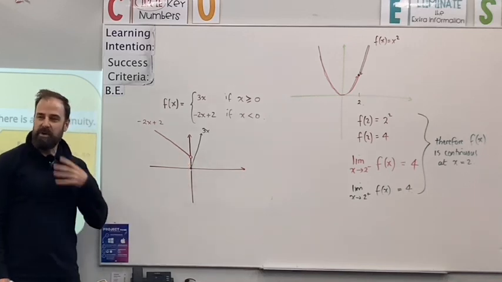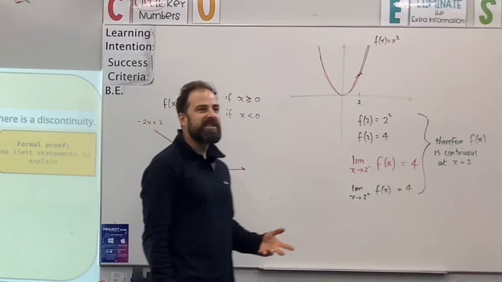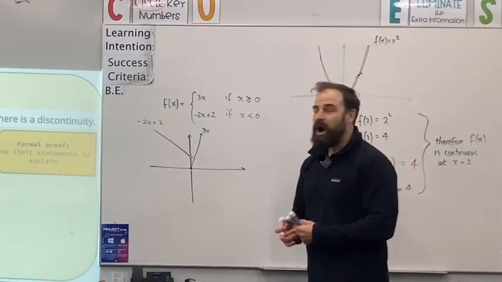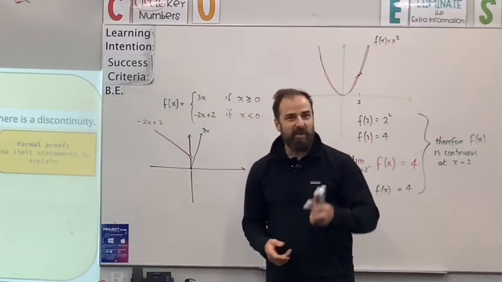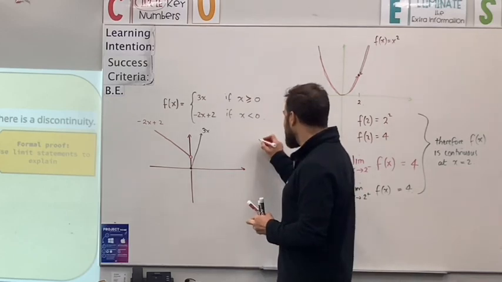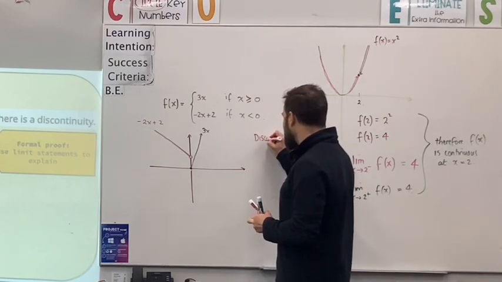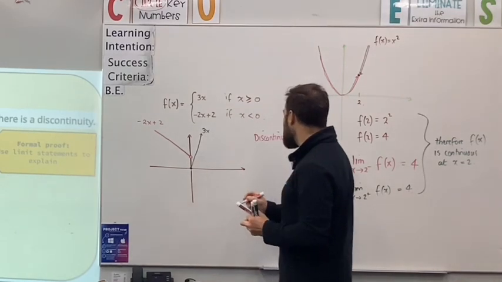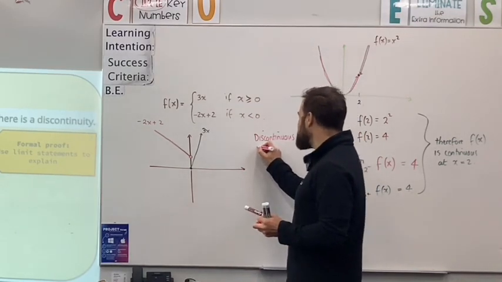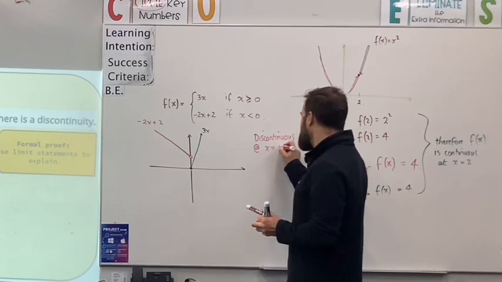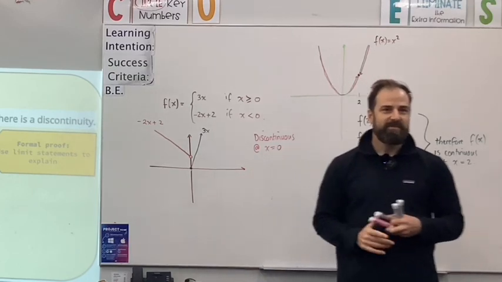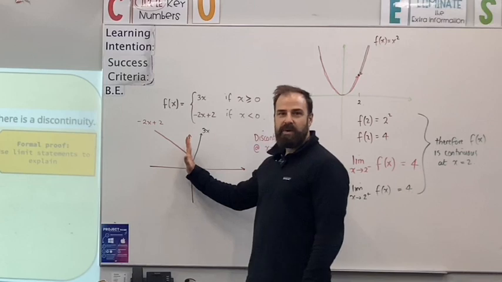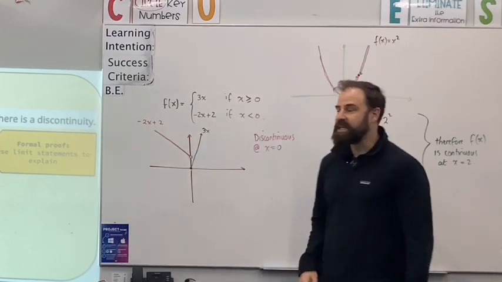After its endpoint, I'm looking for a little bit more detail, a little bit more specific. On the y-axis, how else can I describe the y-axis? You're getting closer. Thank you, Alice. That is perfect. Discontinuous at x equals 0. Okay, it's discontinuous at this point where x equals 0. We can see that visually.